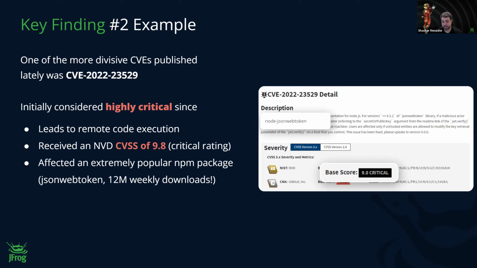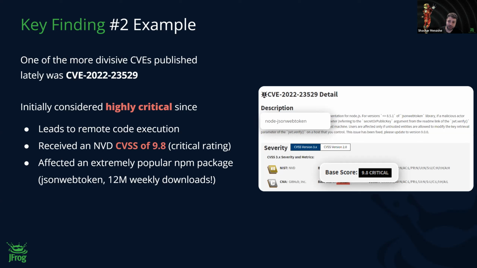It's a package that parses JSON Web Tokens, the most popular parser for JSON Web Tokens. So you would imagine it is extremely popular as a Node package. It gets downloaded 12 million times in a week. So that's extremely popular. And this vulnerability received a CVSS of 9.8.